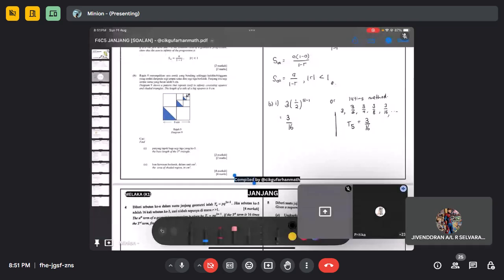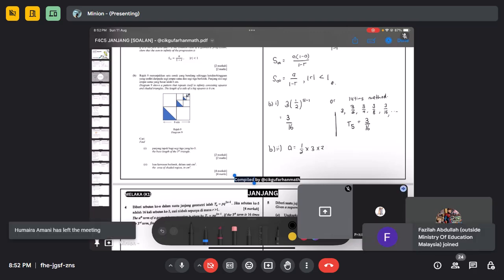That's B1. Continuing with B2, find the area of the shaded region. Area equals 1 over 2 times 3 times 3.